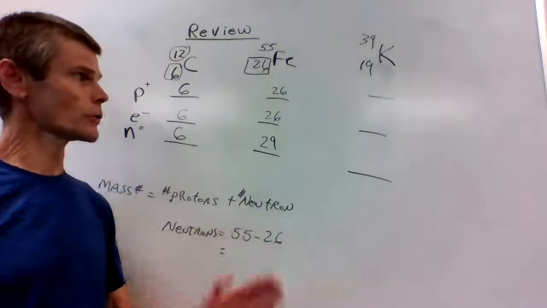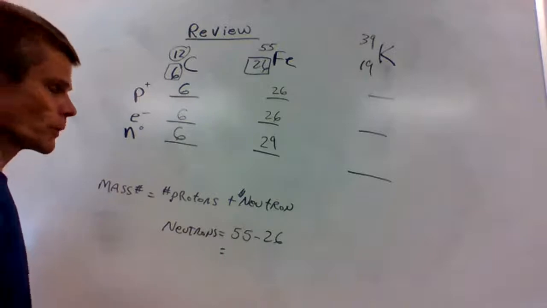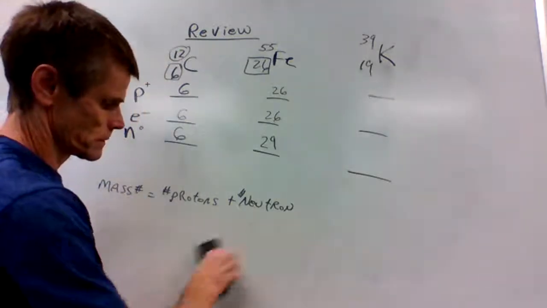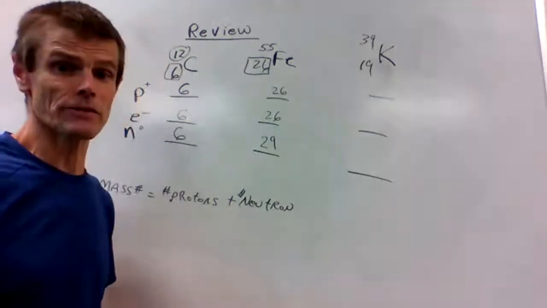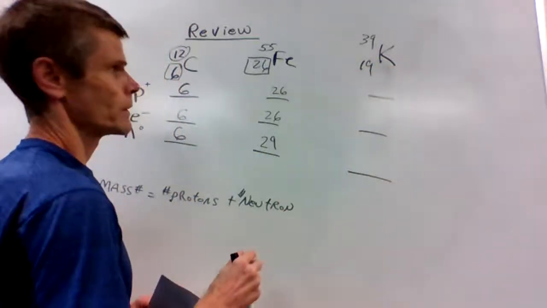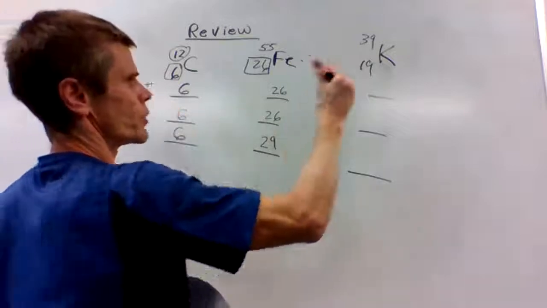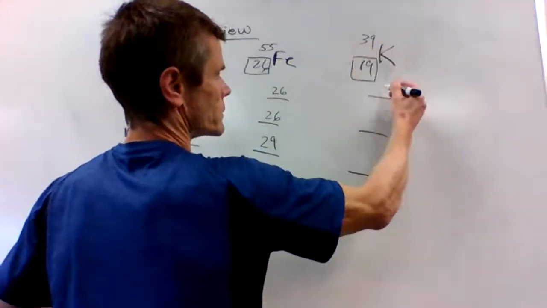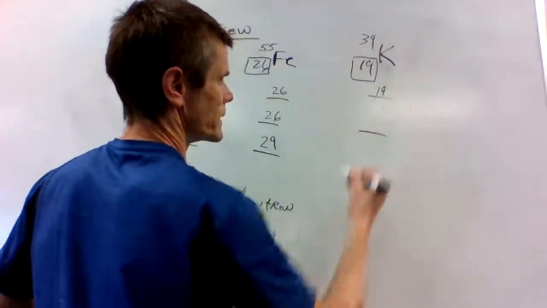Good so far? Let's do our last one. Our last one, that's potassium. Potassium has a periodic symbol K. Once again, the number of protons, 19.